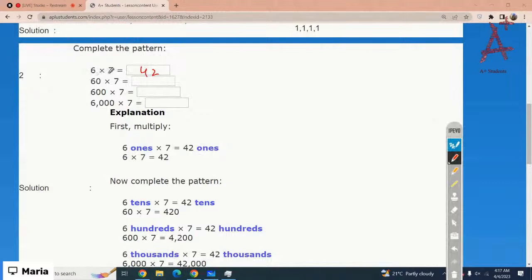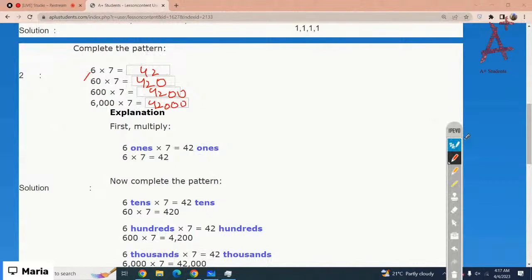Now again 60 times 7. So just multiply without 0, it would be 42 and you have to add 1 zero. Again 7 times 6 is 42 and then you have to add 2 zeros. Got it? Then you have 7 times 6 is 42. You have to add 3 zeros. So this way we are going to learn the patterns. Got it? That means when the zeros are increasing in one of the numbers, the answer has also the same number of zeros. Got it?